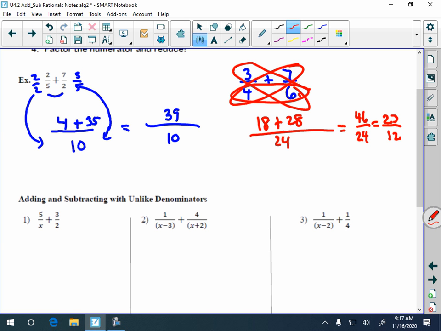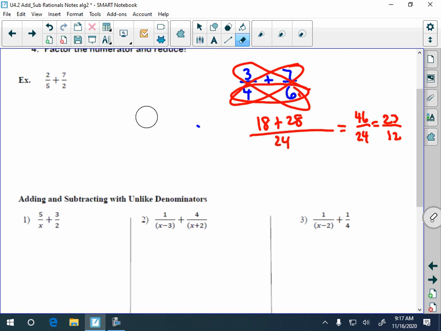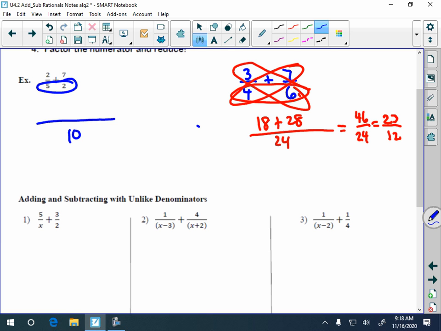So it's a multiplication on the bottom. So here, I'll show you how you can do that on this problem also. So if we multiply, that's 10. Multiply diagonally, that's 4. Plus, diagonally this way is 35. Then we get 39 tenths. Okay, same answer.